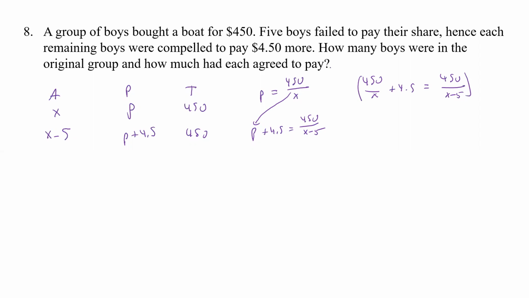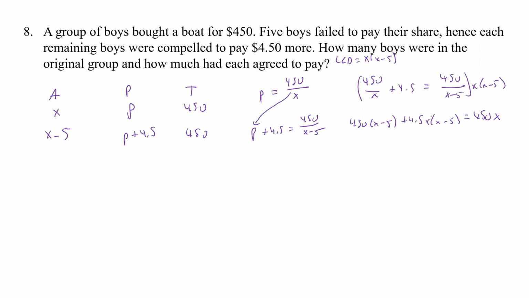Now again, LCD is X times X minus 5. So that's what I'll multiply by here. When I do that, I get 450 times X minus 5 because our X cancels, plus 4.5x times X minus 5, nothing cancels, and then 450x because our X minus 5 cancels.